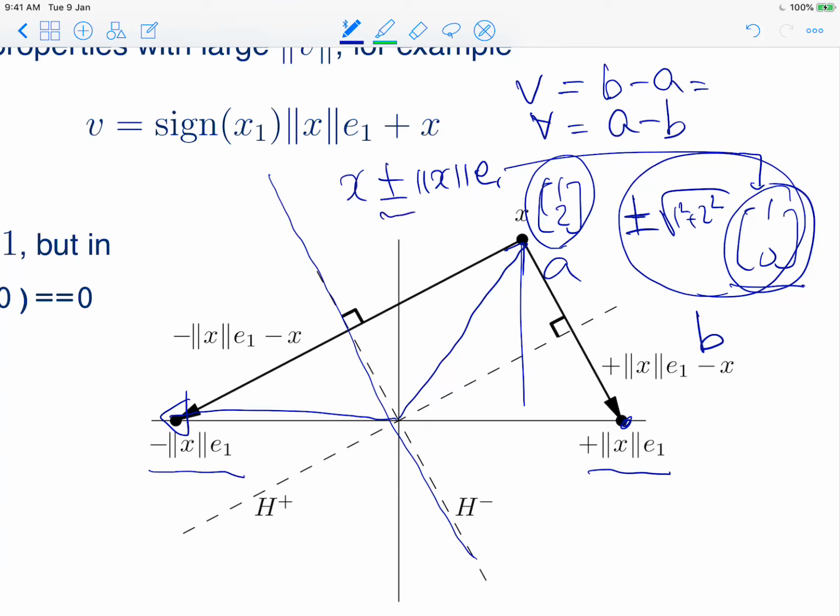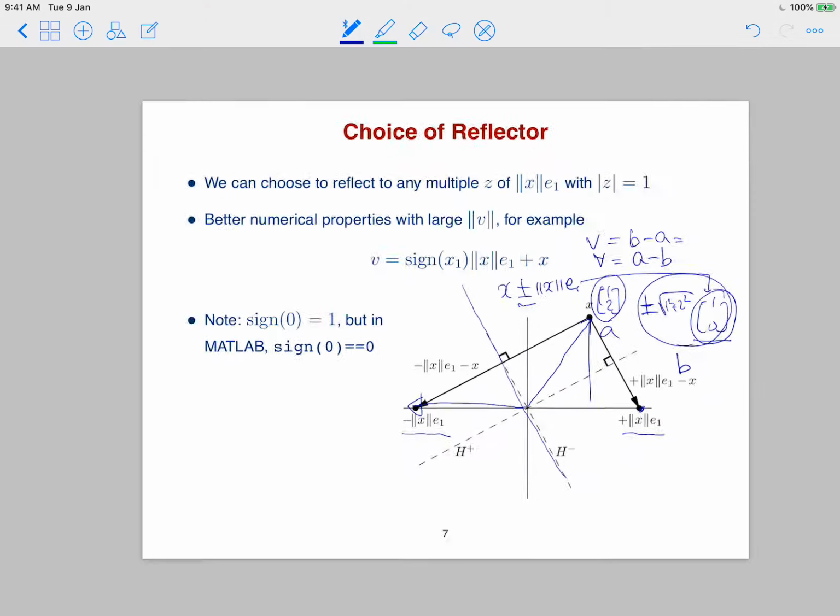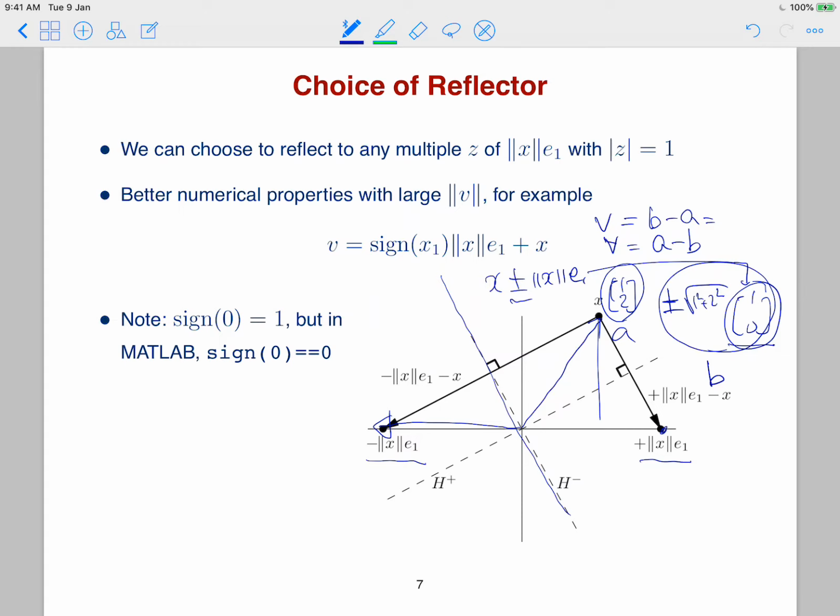So which one will we choose, the plus sign or the minus sign? In this slide, the better choice will be to select the sign matching the first dimension. Let me give an example.